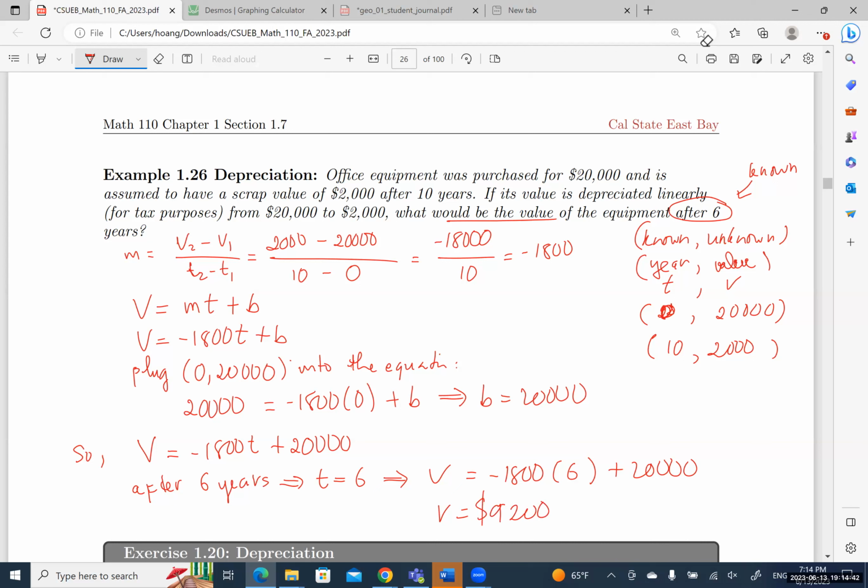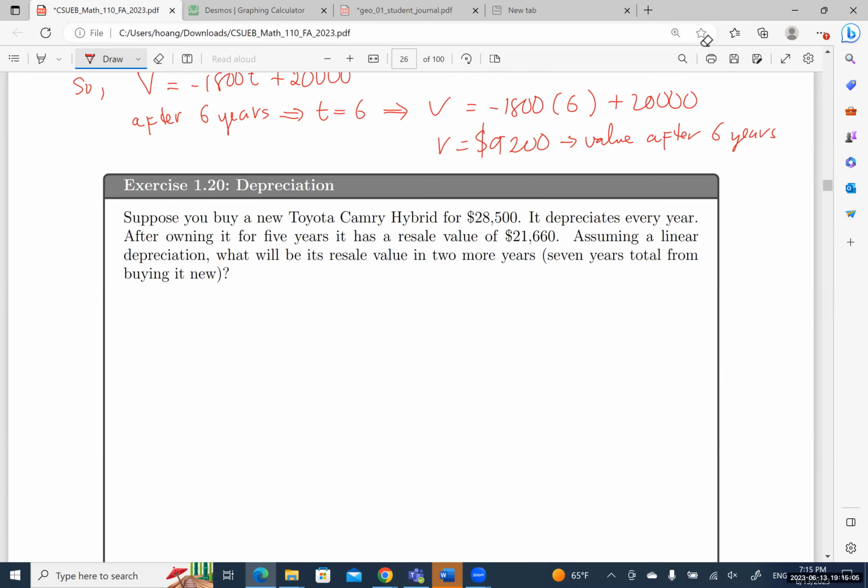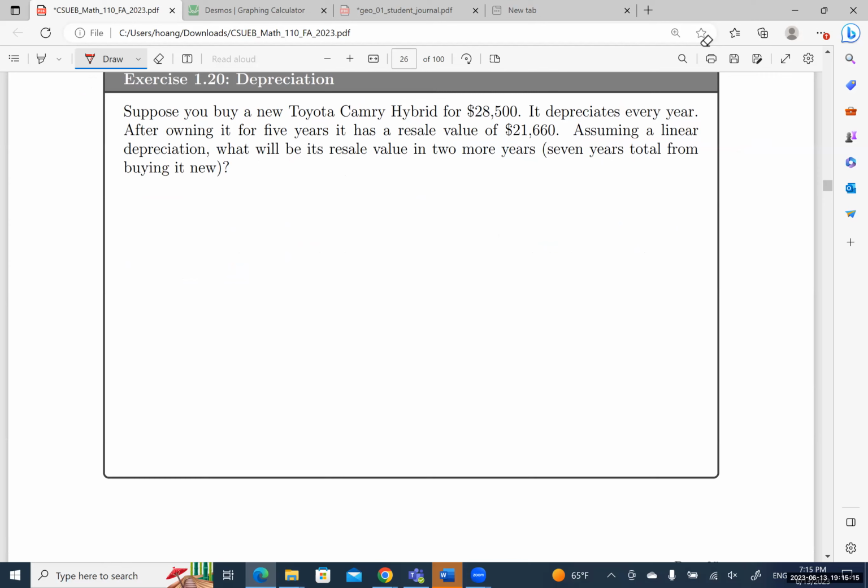So that is the value after 6 years of the equipment that we purchased. Similarly, you can work on the depreciation in 1.20. I'm going to skip this one.